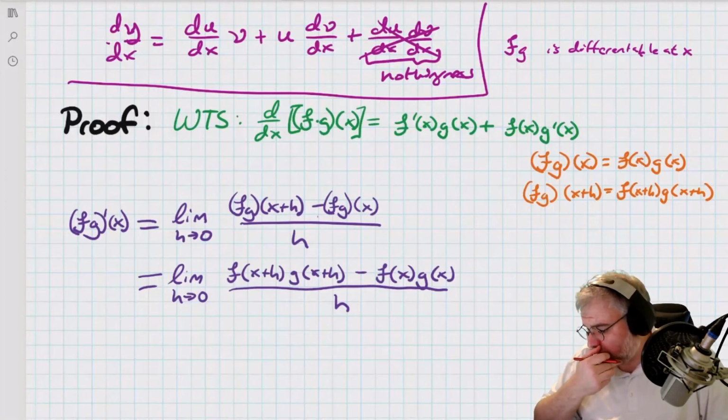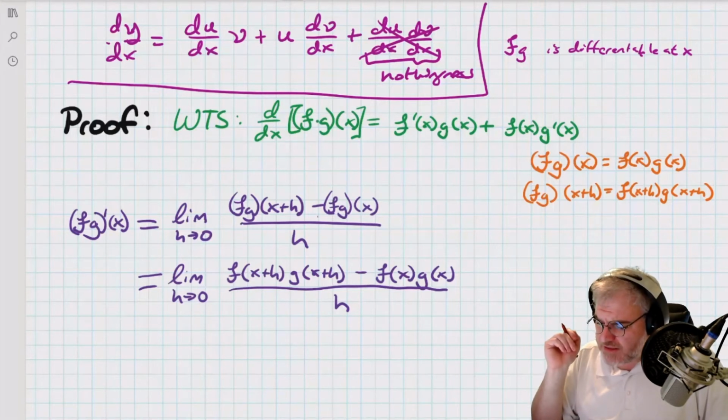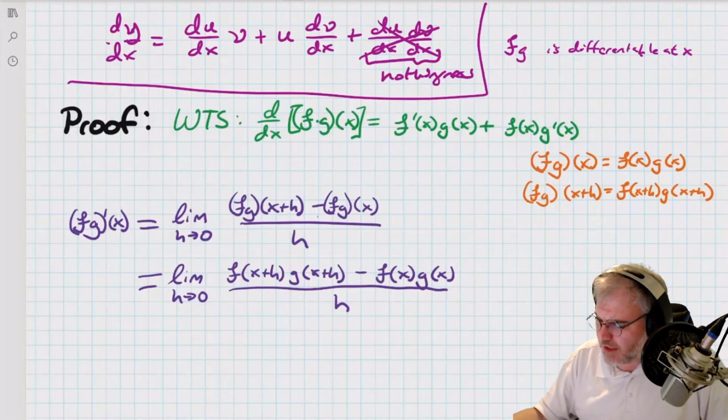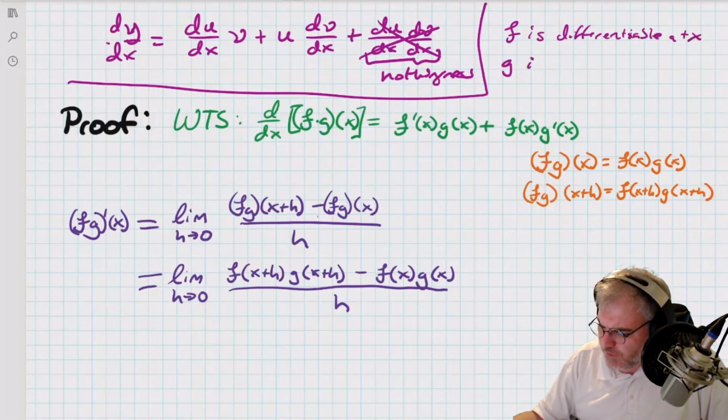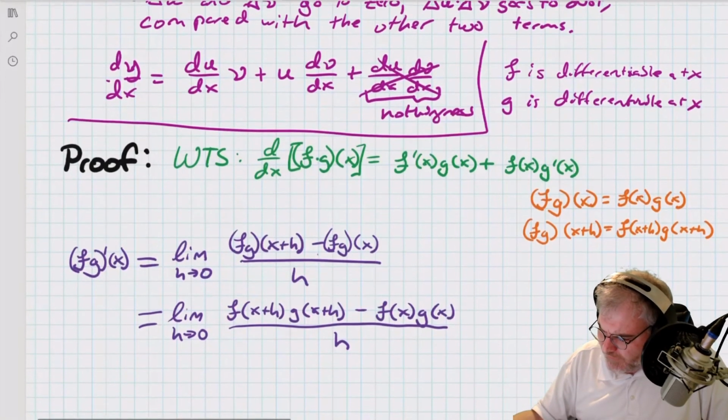Now fg is continuous. I do know that f of x and g of x are both continuous. I actually don't know this. I do know that f of x is continuous. I know f is differentiable at x. And I know g is differentiable at x. But I don't have anything else, do I?